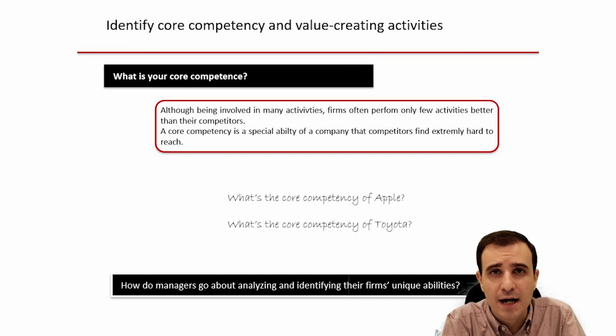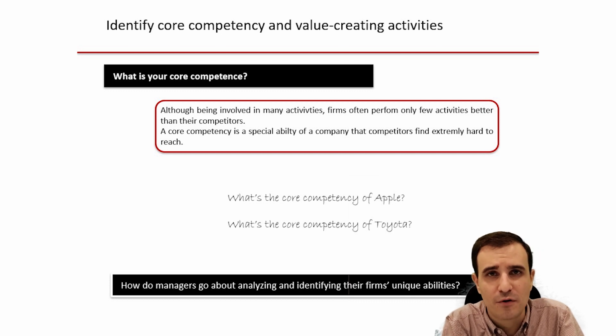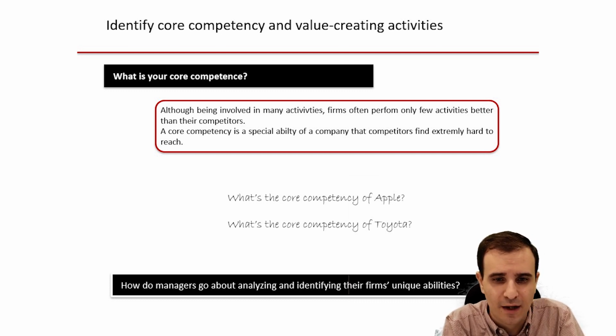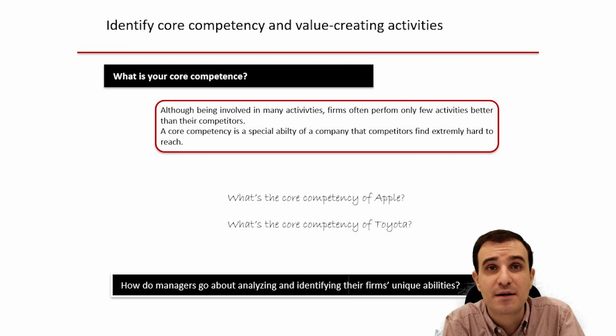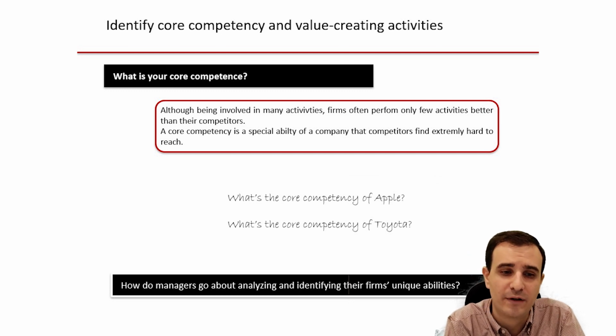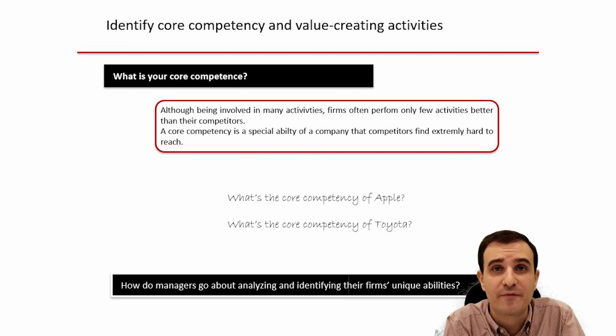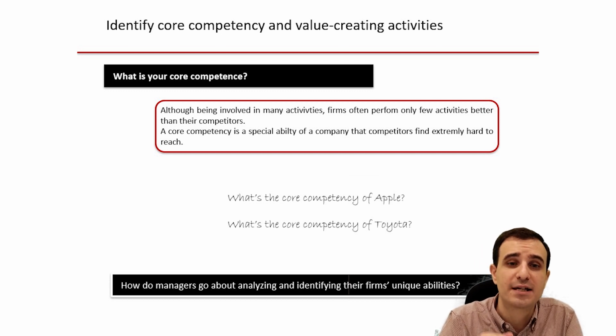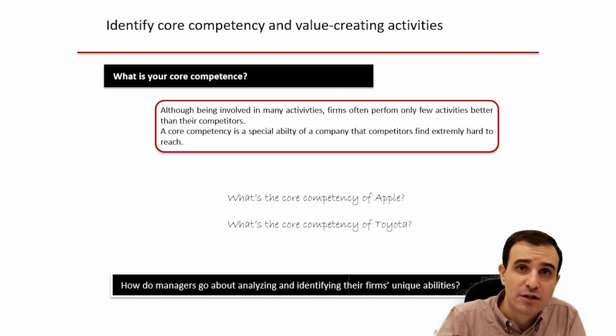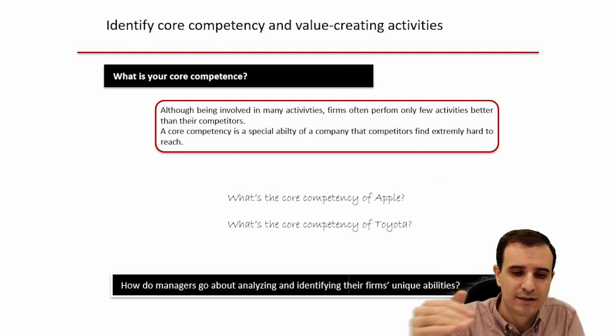Each firm does have a unique core competence or maybe a few core competences. A core competence is essentially an activity that a firm performs better than the competitors. And at the same time, competitors struggle to perform this activity and to reach the same level of the firm.